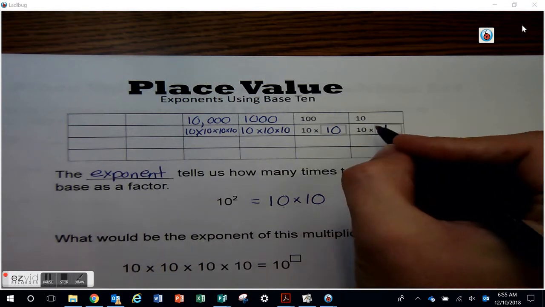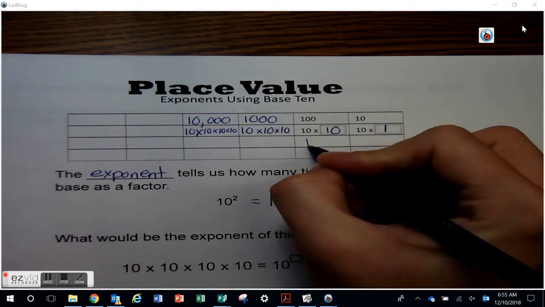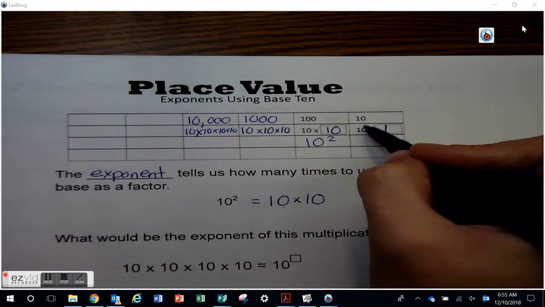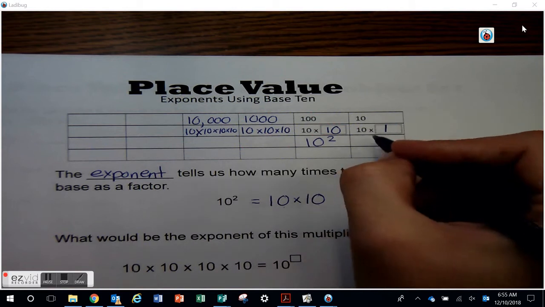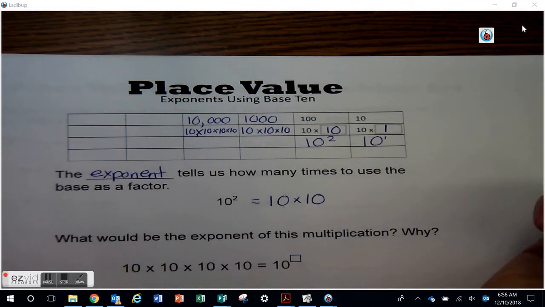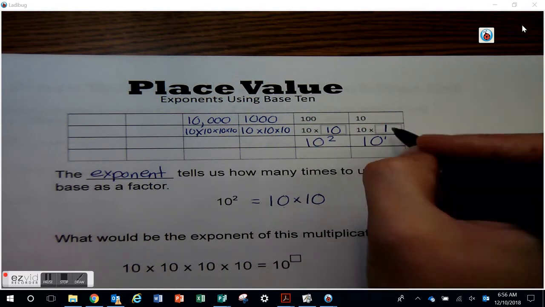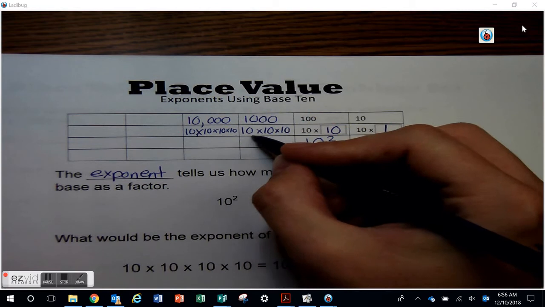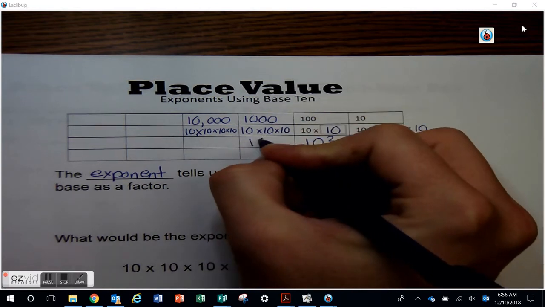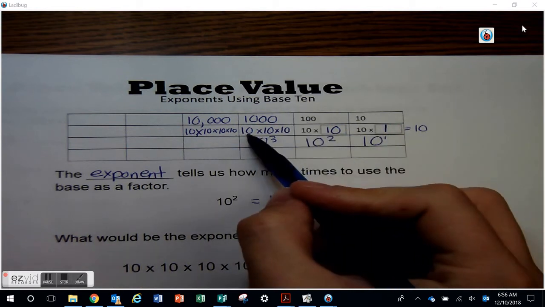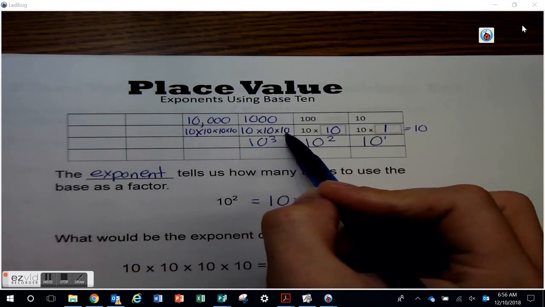Notice how we're multiplying 10 two times by itself. So this was 10 to the second power. Here we just have one 10, so this would be 10 to the first power because we only have one 10. I could rewrite this as simply 10. 10 times 10 times 10 could be written as 10 to the third power because I'm multiplying 10 by itself 1, 2, 3 times.